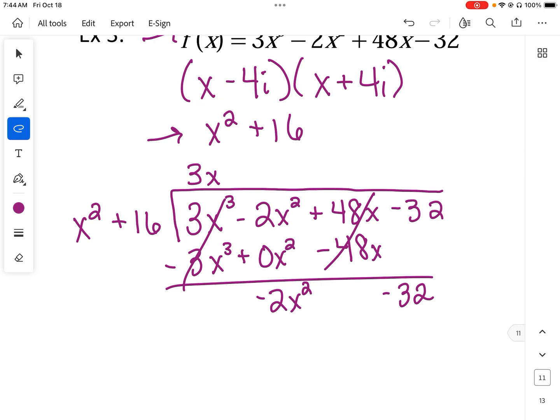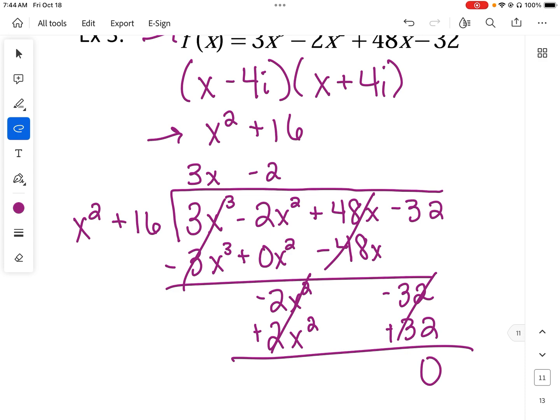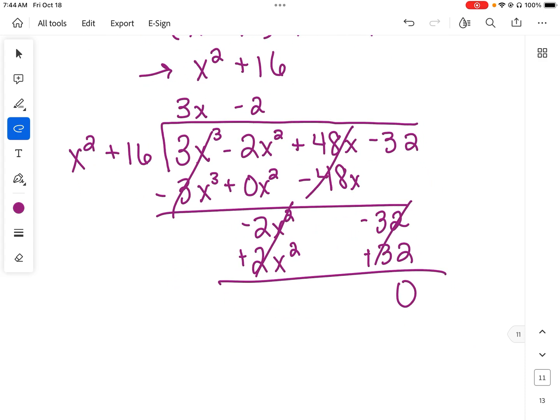All right, so then I need to multiply x squared times what to get negative 2x squared? It'd be negative 2. So it'd be negative 2x squared, and then minus 32. There was nothing there. Those cancel. Those cancel. I get a remainder of 0 because everything is canceled now.